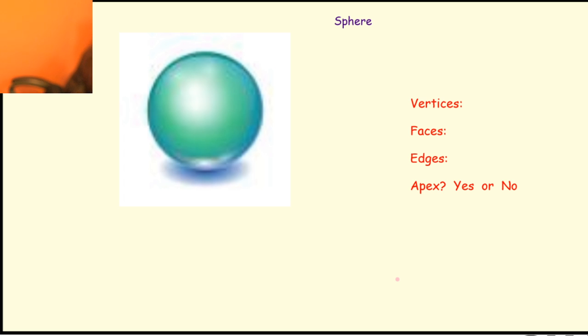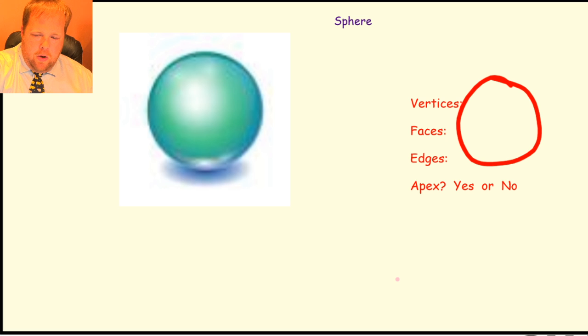Oh! Oh no! I do have one! Whoa, I'm all blurry. I do have a sphere. Don't fear. Yeah, I can catch it. A sphere. It's going to have no vertices, no edges, no faces. 0, just like the shape it is.